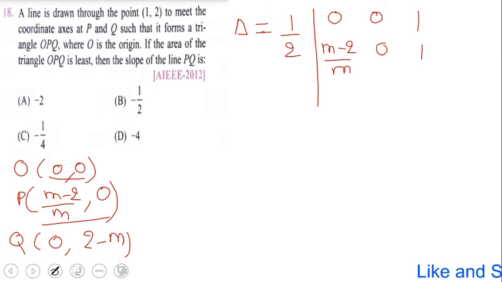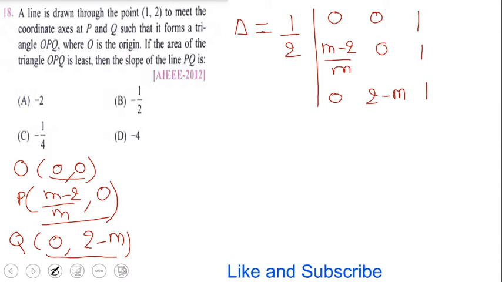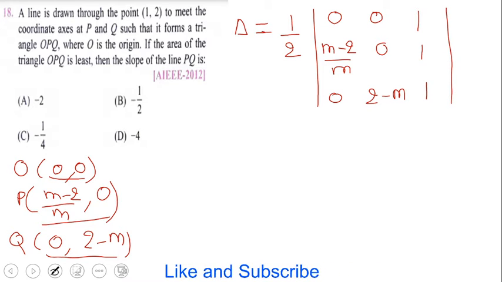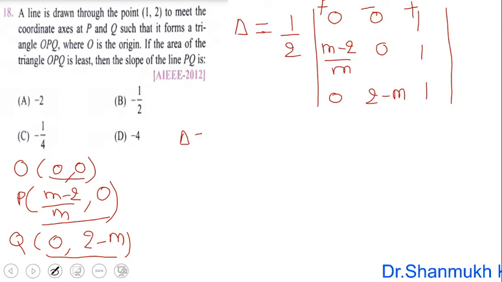Now I am taking the third point, 0, 2 minus m, 1. Then we have to expand this determinant, taking the signs as plus, minus, plus. So delta equal to 1 by 2.